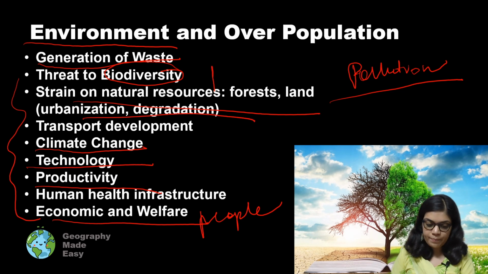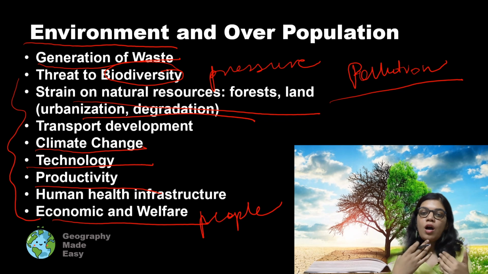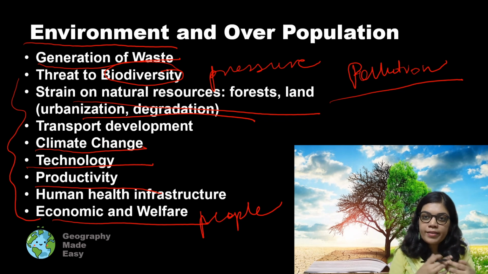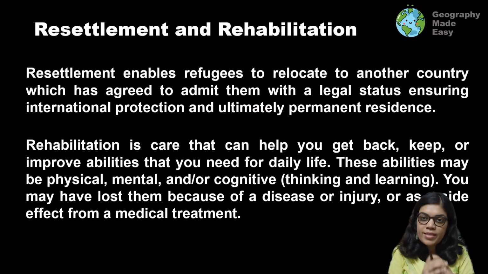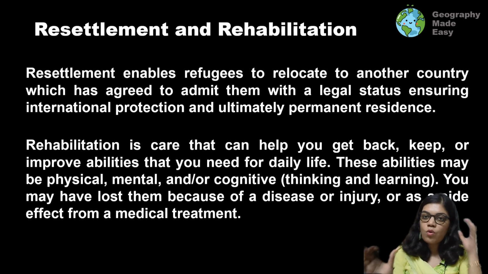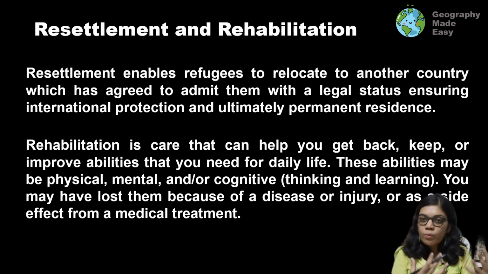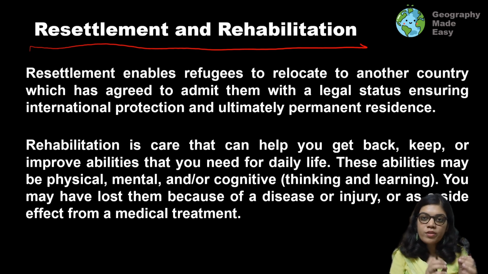Moving on, we have two concepts related to population in the syllabus. They are resettlement and rehabilitation. We will try and understand these concepts briefly because I think questions of 2 marks may come on the difference between resettlement and rehabilitation, or the meaning of these terms.